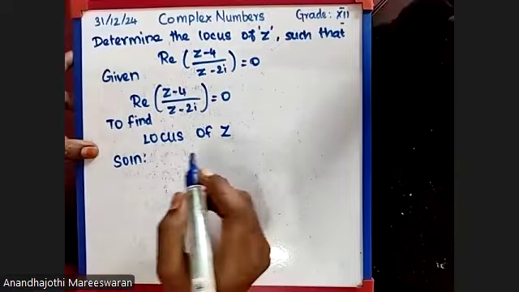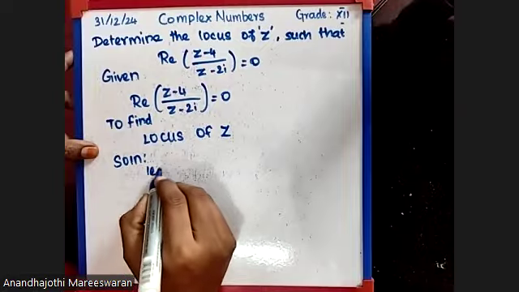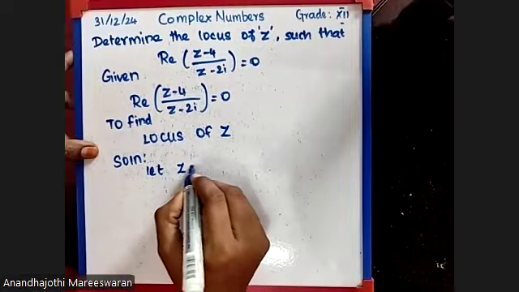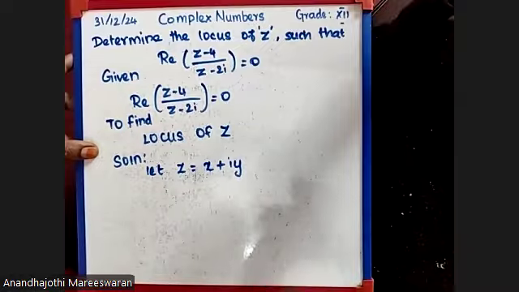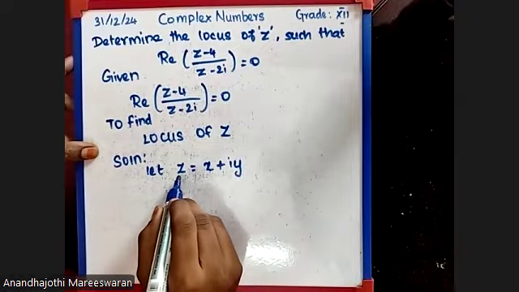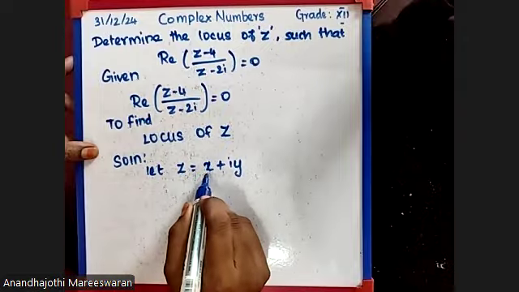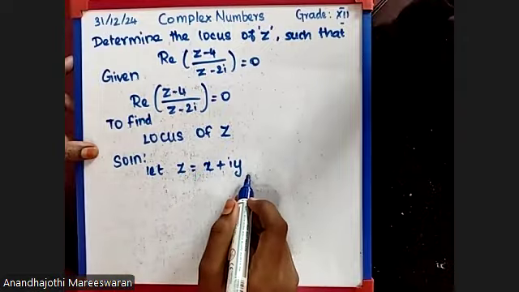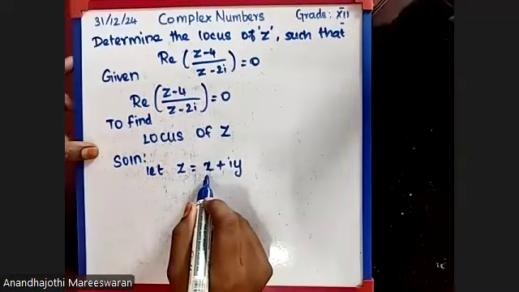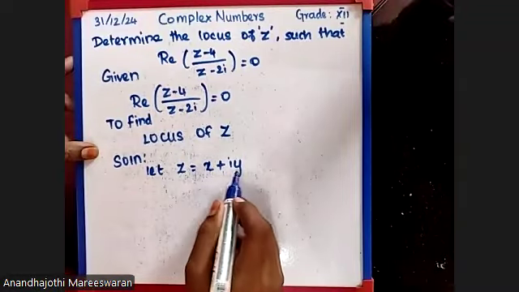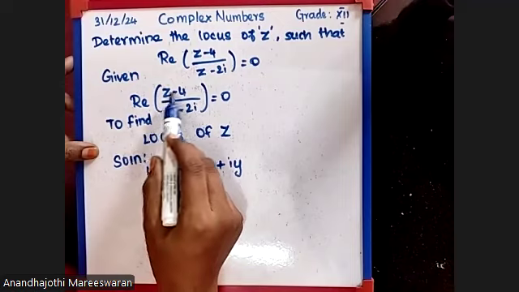To find the locus, I have to take z equal to x plus iy. Z is a complex number, so it will contain a real part and an imaginary part. So I am going to substitute z equals x plus iy in this form.